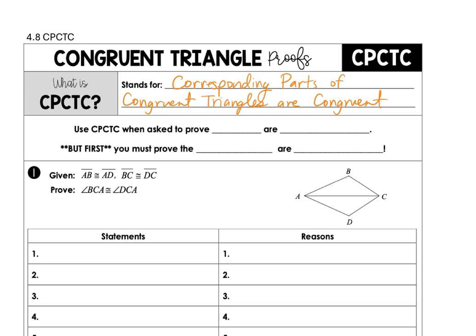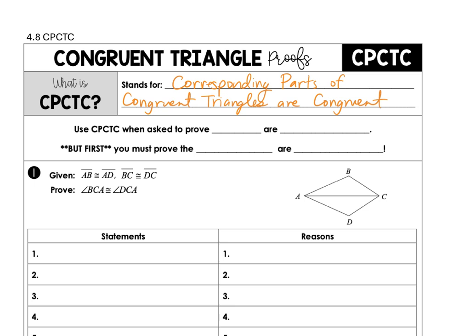So if I know this triangle is congruent to this triangle, which is everything we've been doing in this chapter, right? Proving triangle ABC congruent to triangle DEF. If I know that, then I can go one step further and say any two angles or any two segments in those two triangles will be congruent then. So the corresponding parts, the angle that matches up with the angle or the side that matches up with the side will be congruent, okay?